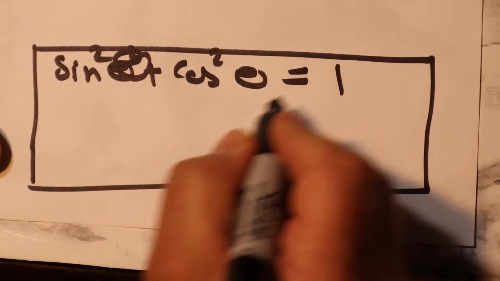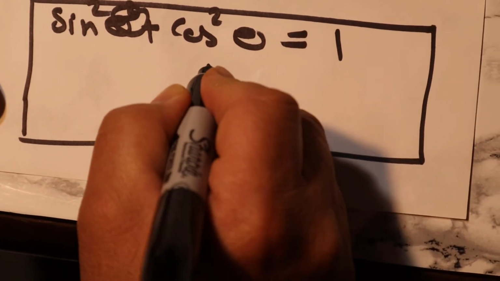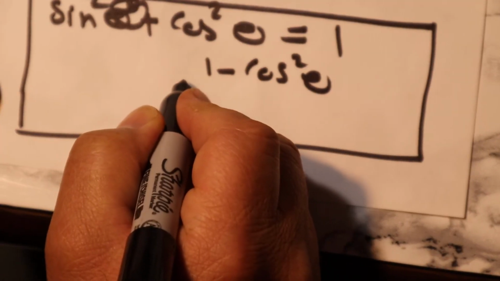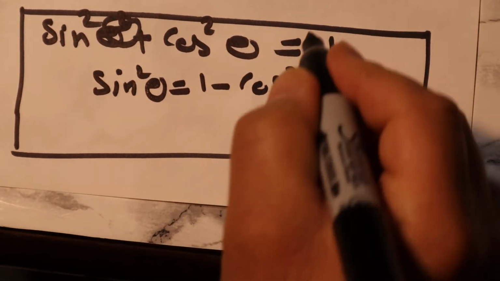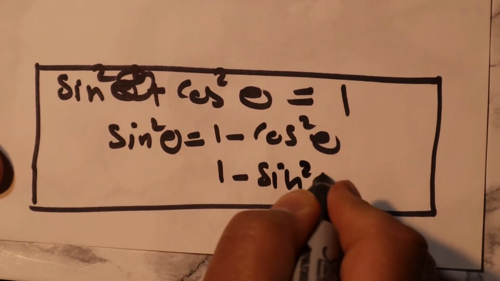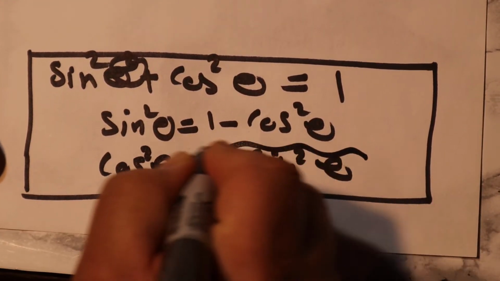So if you subtract 1 minus cosine square, it will be sine square. And if you subtract 1 minus sine square, it will be cosine square. So use that here.